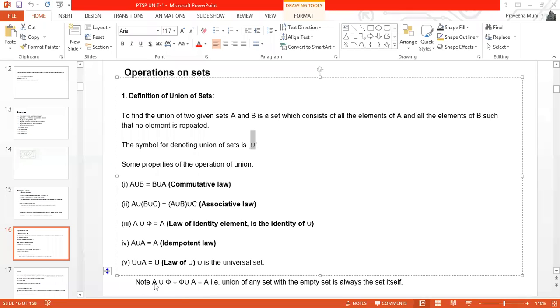So the union of any set with the empty set is always the set itself. So these are the properties of union: commutative law, associative law, law of identity element, idempotent law, and law of universal set.